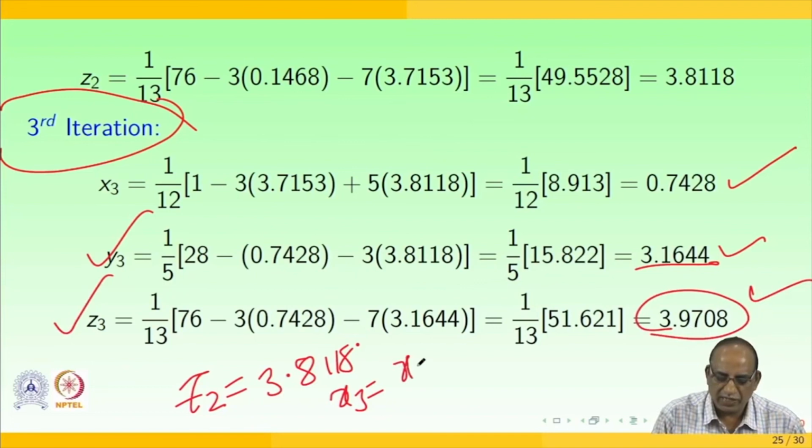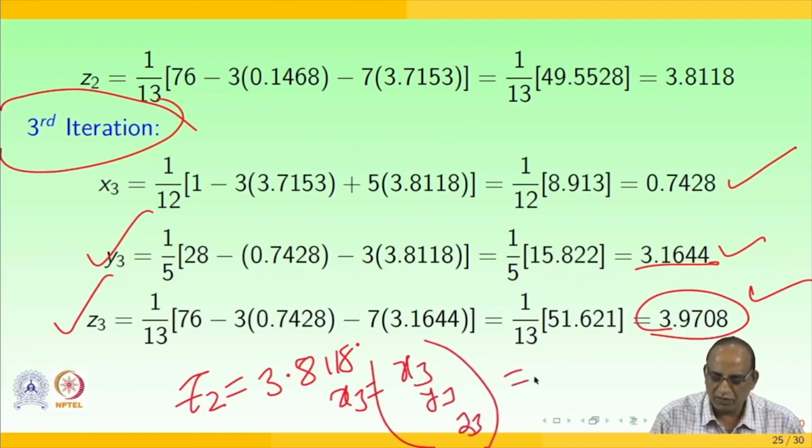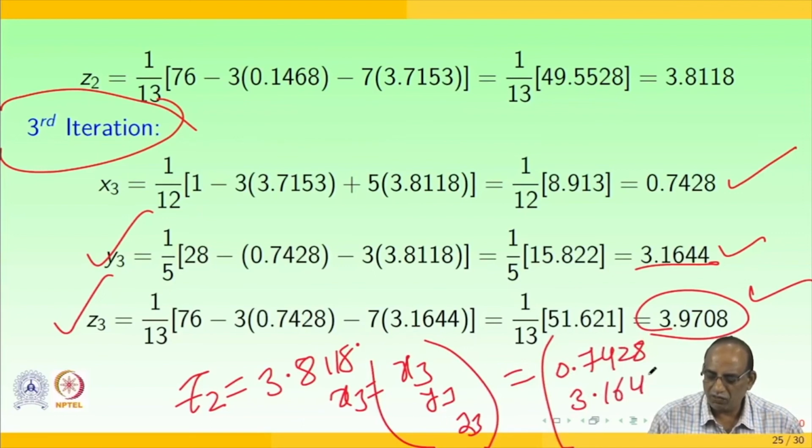So essentially you get x3, y3, z3 equivalent to 0.7428, 3.1644, 3.9708.